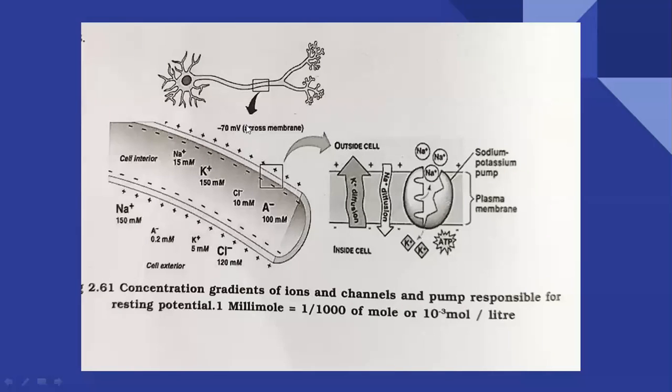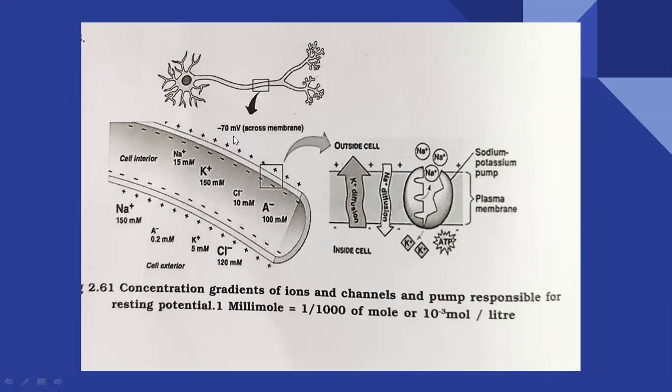Inside, total positively charged ions equal total negatively charged ions. Outside also, total positively charged ions equal total negatively charged ions. But the total charge of the inside ions and outside ions will be different.